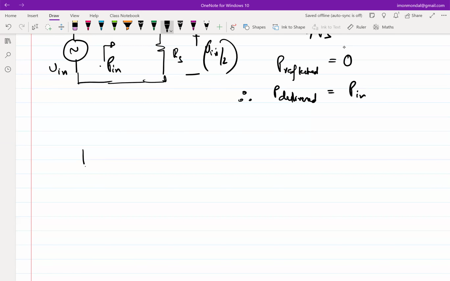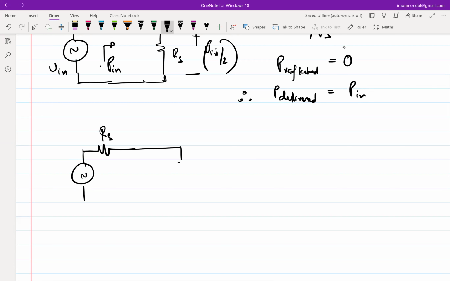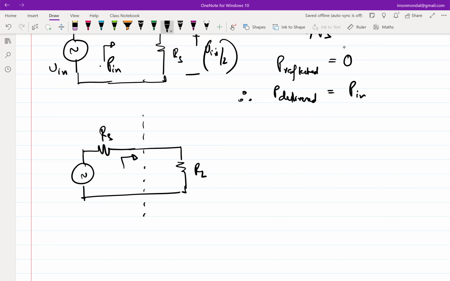So let's say I have RS and let's say I have RL. Okay, and you can imagine there is a transmission line which is also RL, right? So it's not necessary for this particular analysis, but if you are just wondering, what I'm trying to say is that I'm considering reflection here at this plane. Okay. So once it goes in, let's assume there is no reflection.